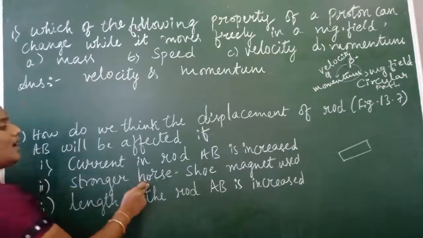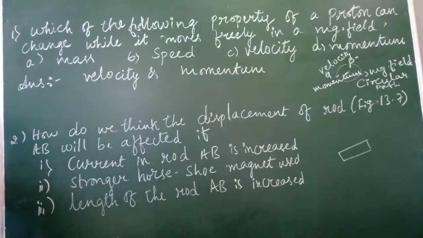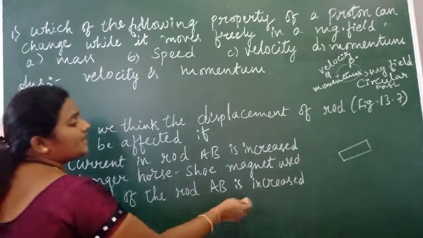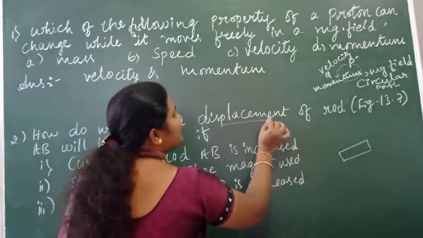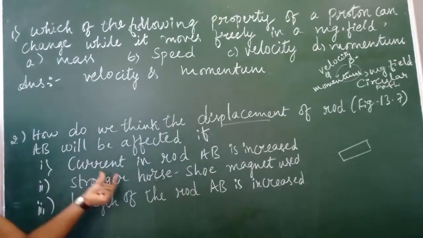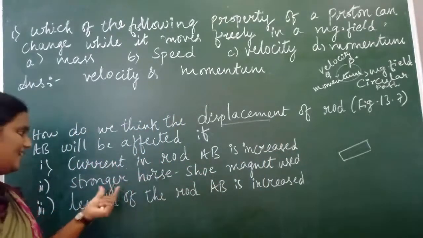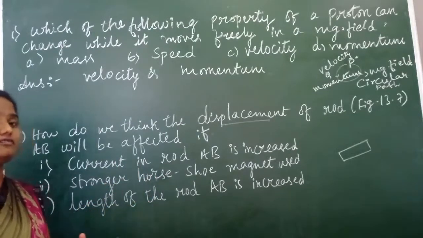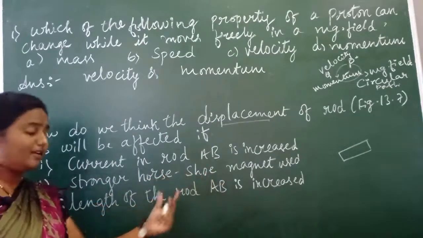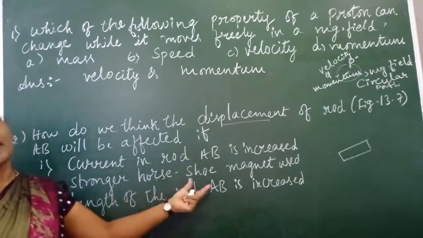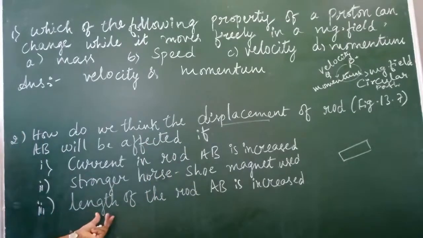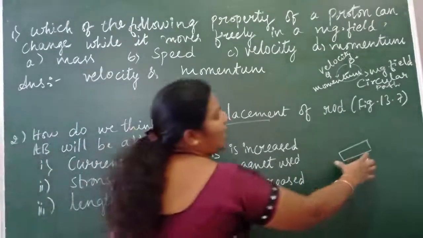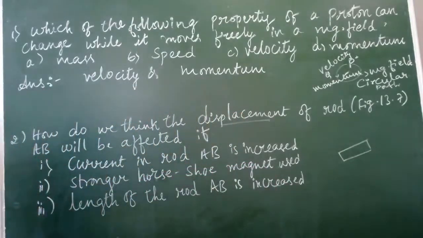What happens if the current in rod AB is increased, or if a stronger horseshoe magnet is used, or if the length of the rod AB is increased? What are the changes to its displacement? They have asked here how displacement is affected with respect to an increase in current.